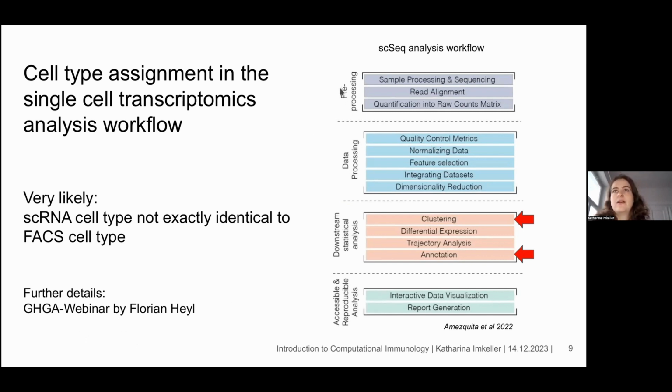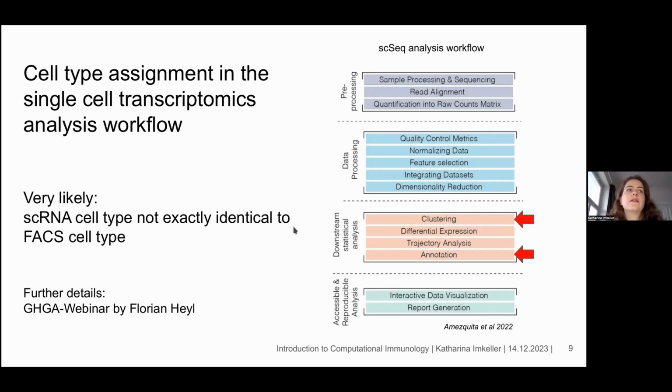In the whole analysis workflow of single-cell RNA analysis, the step that we are talking about now, the cell type assignment, is done after the pre-processing and normalization, at the time when you perform clustering and annotation of the clusters.